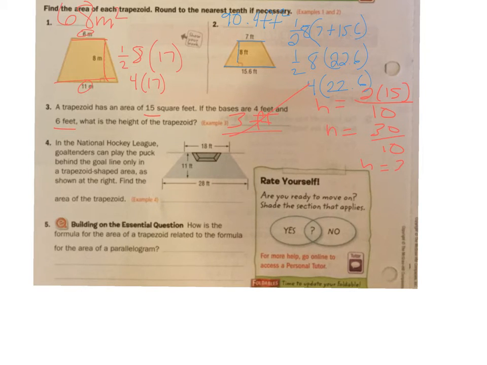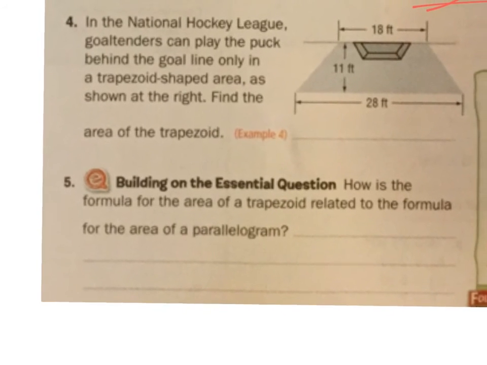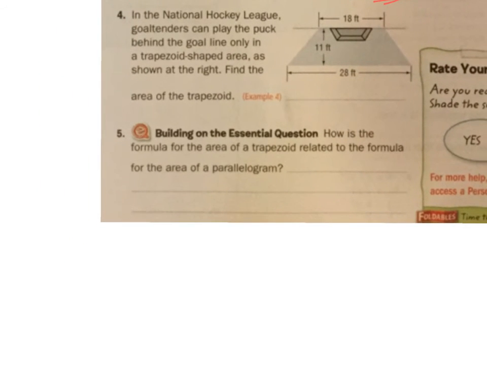All right, let's do number 4. This will be our last one. In the National Hockey League, goaltenders can play the puck behind the goal line only in a trapezoid-shaped area as shown on the right. So we need to find the area of the trapezoid. Okay, so I got my base here, I got my base here, I know the height. So it is 1/2 times height of 11, parentheses, I add my two bases, 18 plus 28.